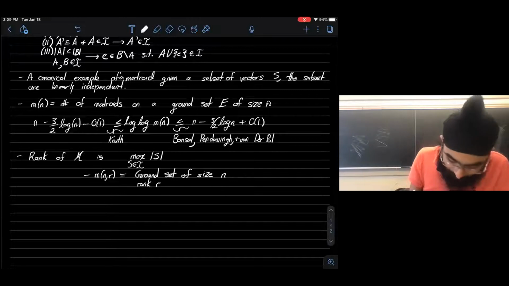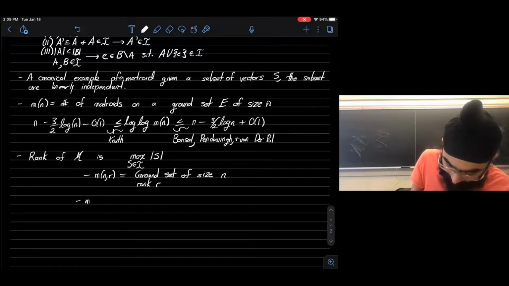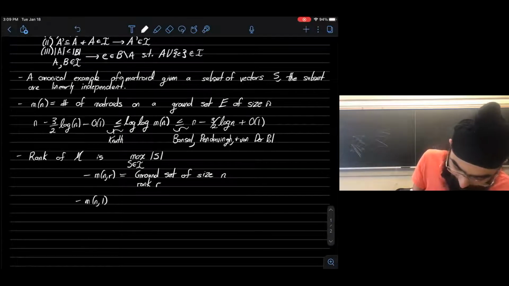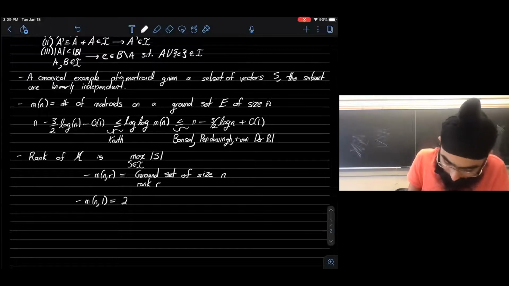The first two cases are, well, the first case is easy enough. M_{n,1} is the number of matroids of rank 1. This just means that you have a bunch of singletons as your independent sets, and you can't have no elements, otherwise it would be an empty matroid. So it's essentially a trivial counting exercise that this is exactly 2^n minus 1.